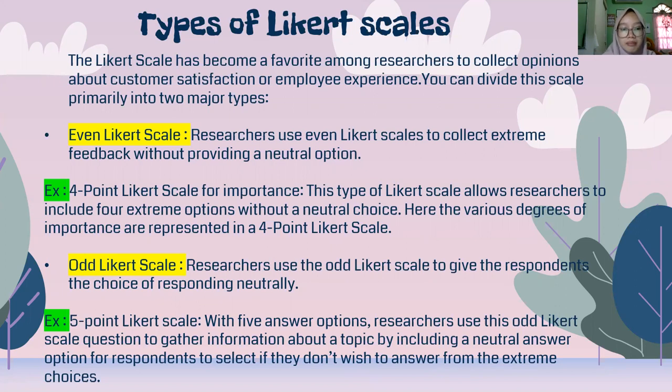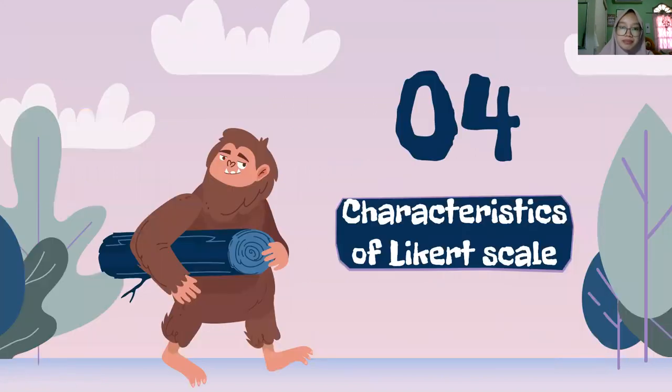Take a look at the example, a 5-point Likert scale. With 5 answer options, researchers use the odd Likert scale question to gather information about the topic by including a neutral answer option for respondents to select if they don't wish to answer from the extreme choices.